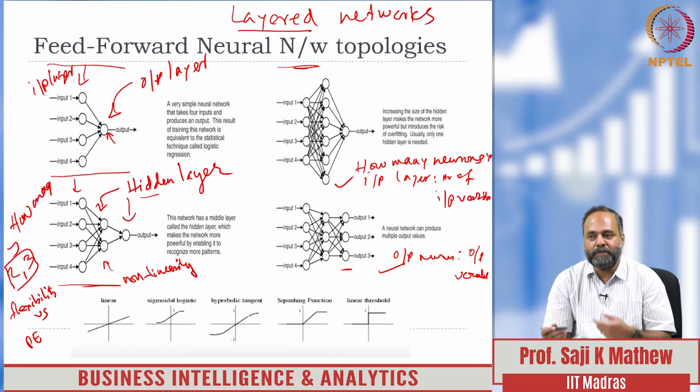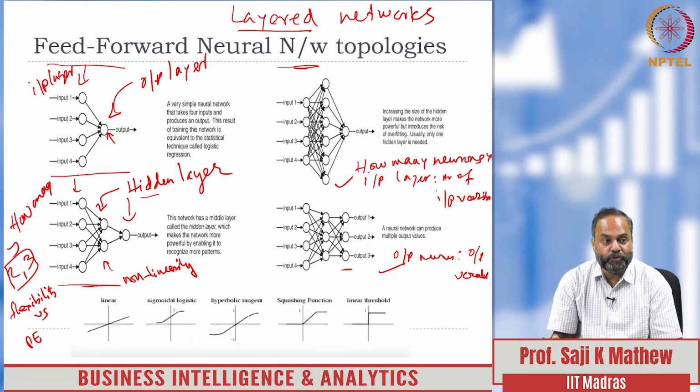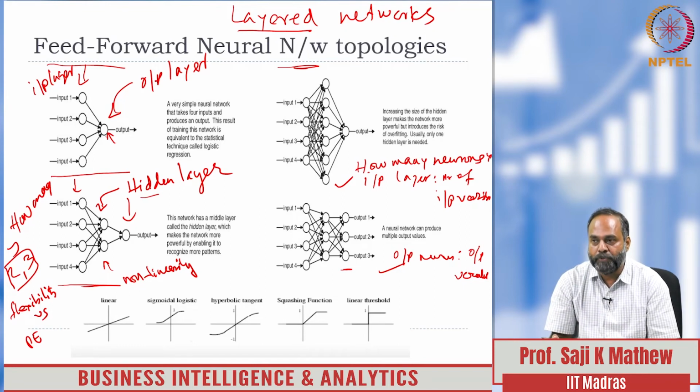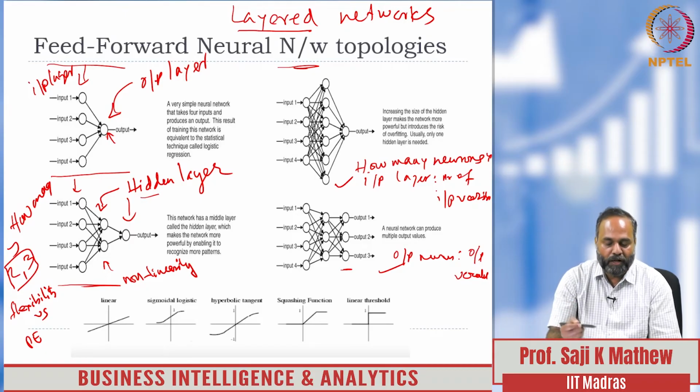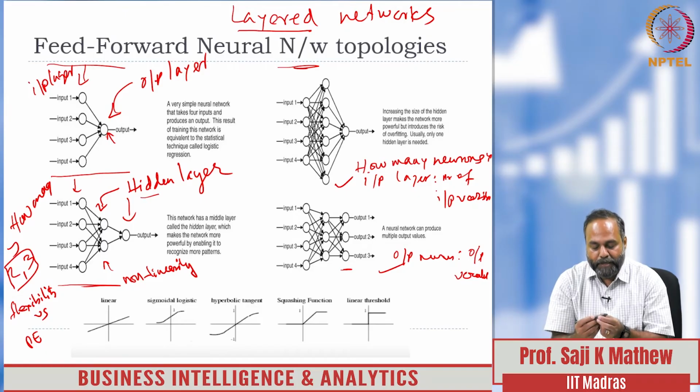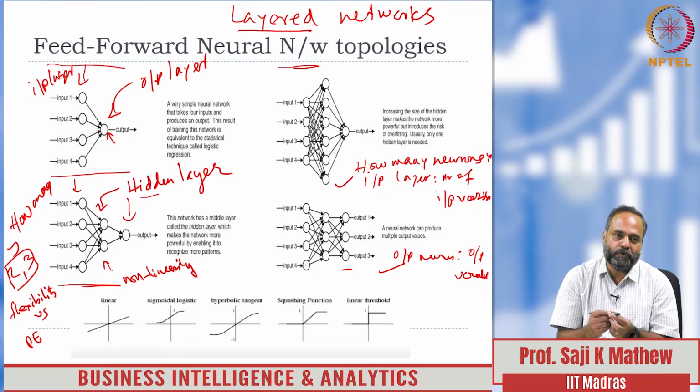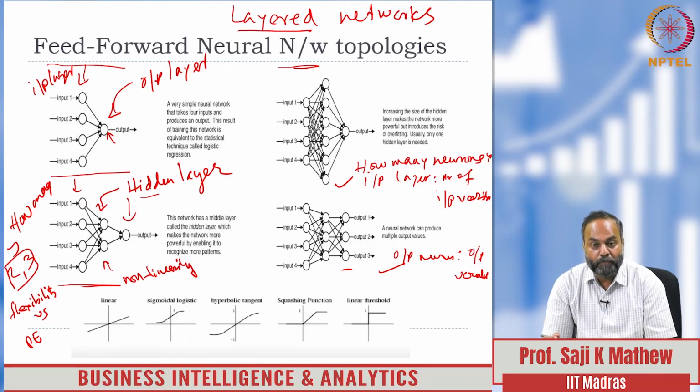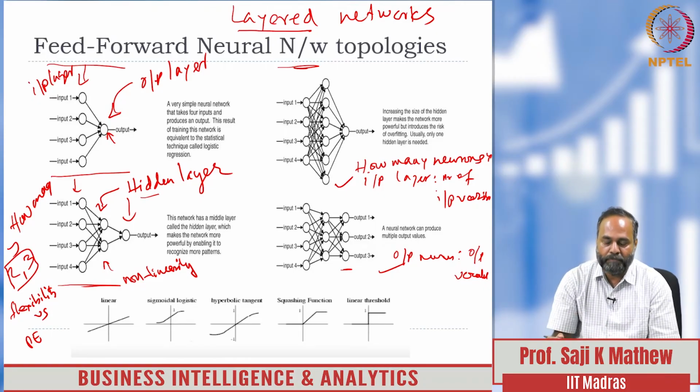There is a research paper that I recommend you read from the Journal of Neural Computing, describing the design of neural networks for the purpose of stock price forecasting. So, I am referring to that paper.